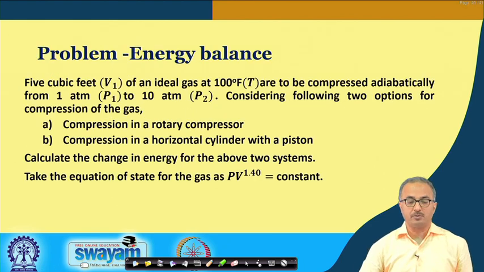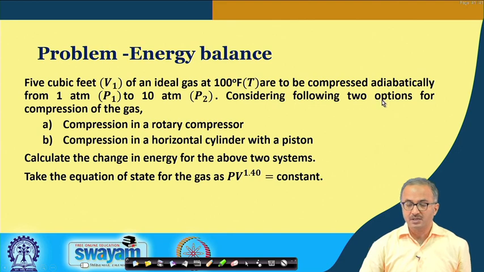Next, we come to another problem based on energy balance. In this, we are told that 5 cubic feet of an ideal gas at 100 degrees Fahrenheit are to be compressed adiabatically from 1 atmosphere to 10 atmosphere. So the initial volume is taken to be V1, initial pressure as P1 equal to 1 atmosphere, and the final pressure is taken as 10 atmosphere, P2.